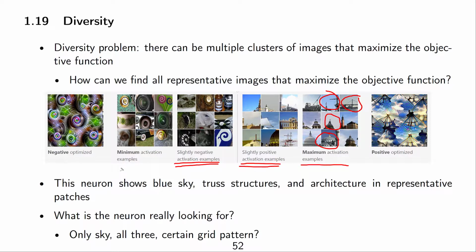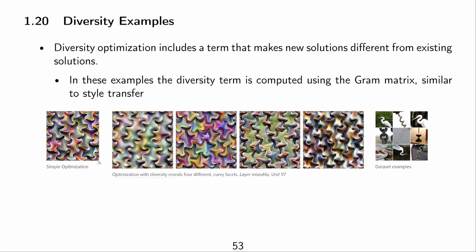So we can have slightly negative activation examples, and we can also look at minimum activation examples. What we see here is not only an optimization that tries to maximize the activations as on the right, but we can also have one that minimizes the activations as shown on the left. But for this activation, what is this really looking for? Sky, grid patterns, domes? It's hard to say.